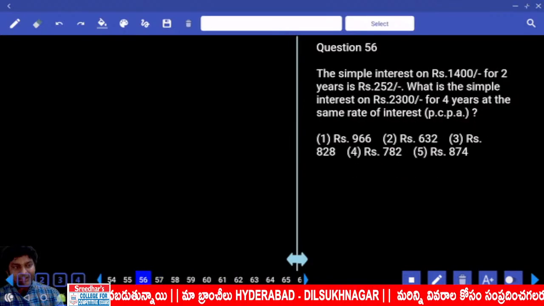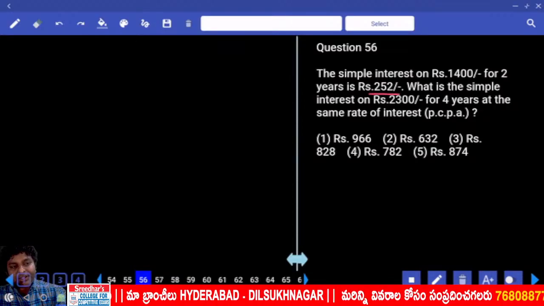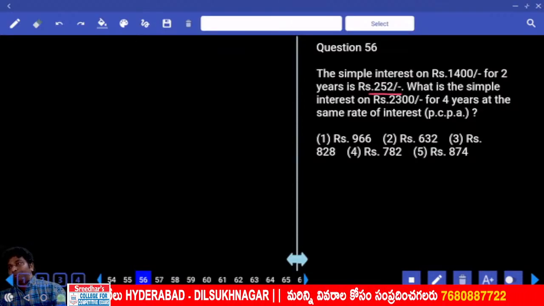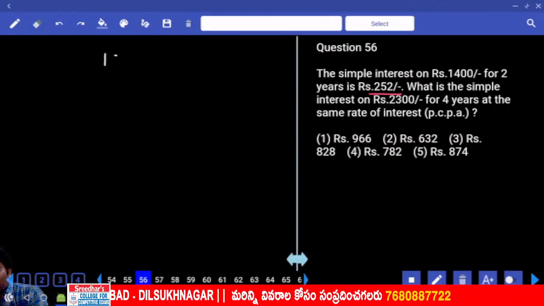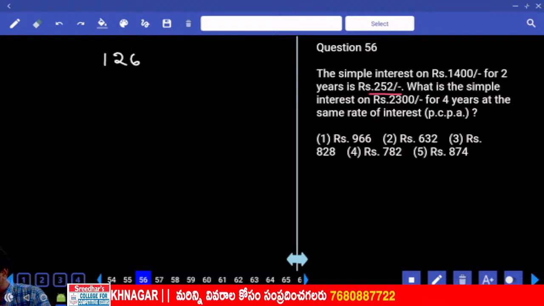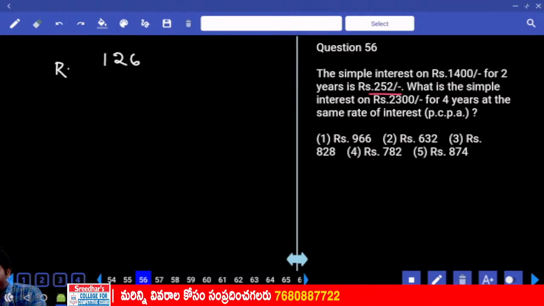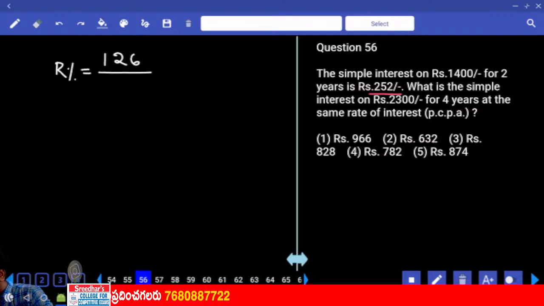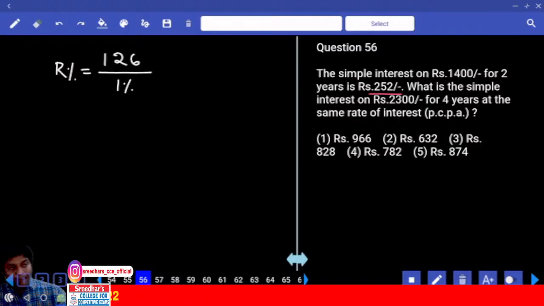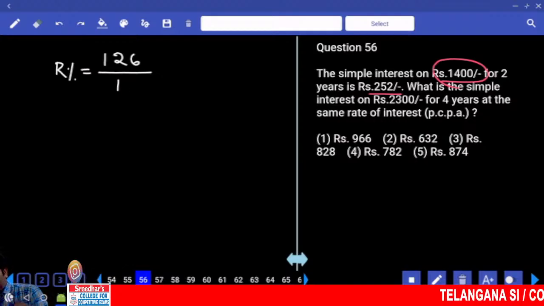If you want to calculate, 2 years interest is 252. Per year it will be 126. Now I need the rate of interest. This is simple interest per year. This must be divided by the 1% value. Principal is 1400. 1% value is 14.